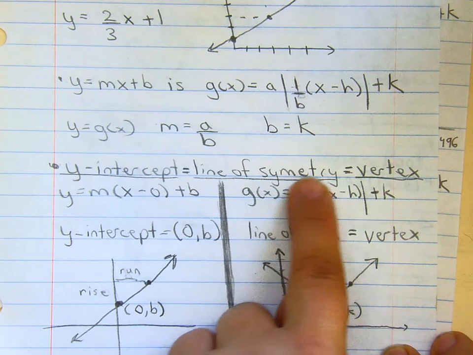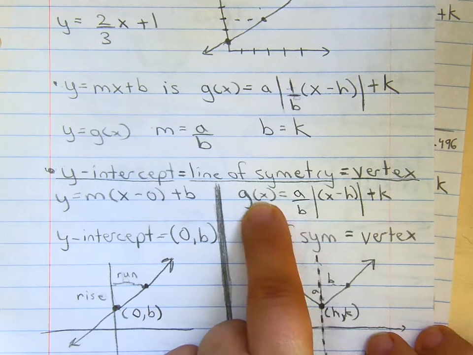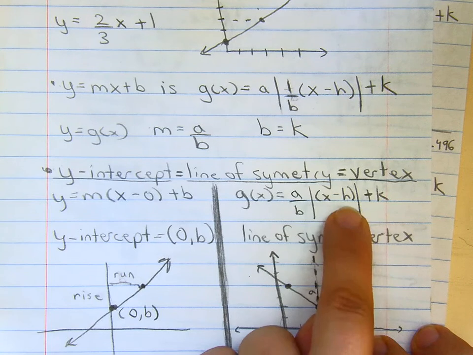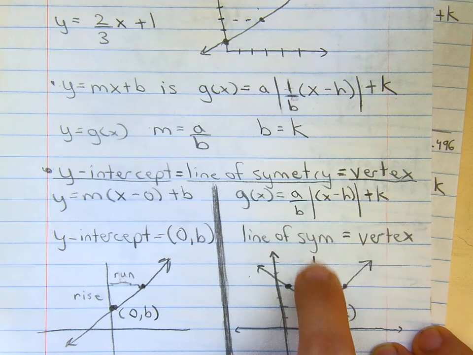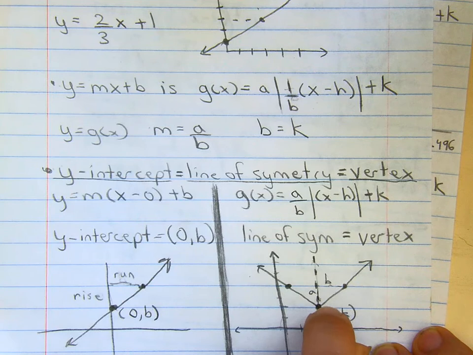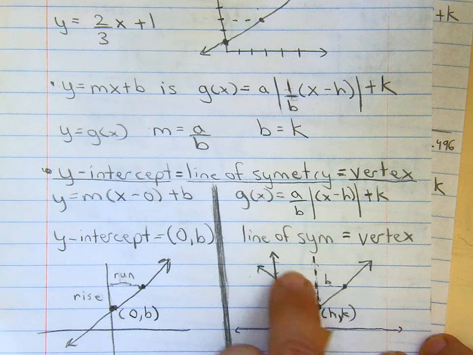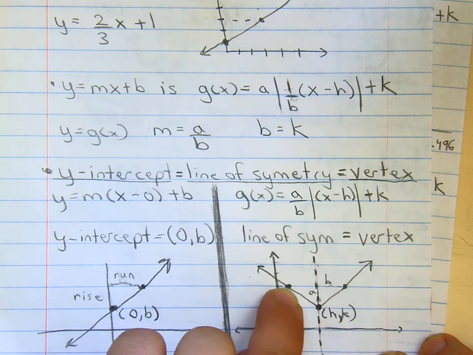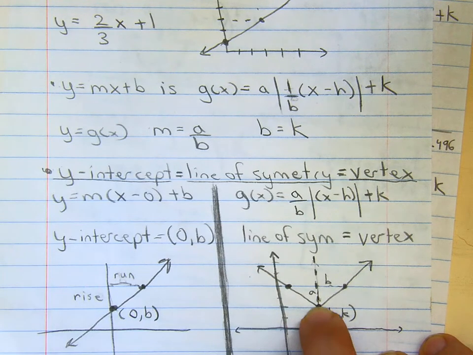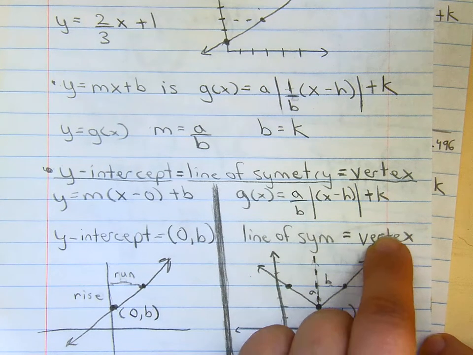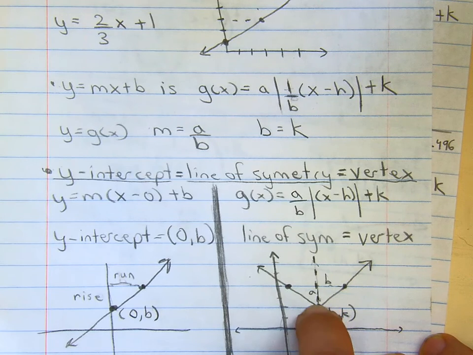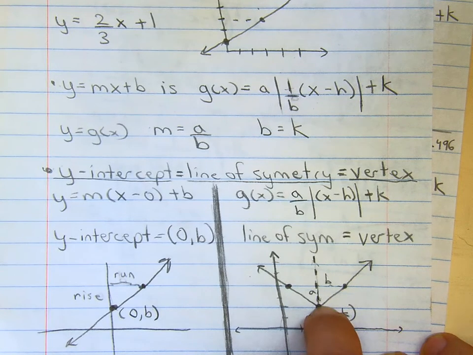Over here on this graph, that concept still exists. We are going to find our vertex, which is the lowest or highest point, or the point where things change. If you notice from here, this is a downward slope, and then all of a sudden it becomes an upward. That's where the vertex is, all the action and all the change happens at the vertex.